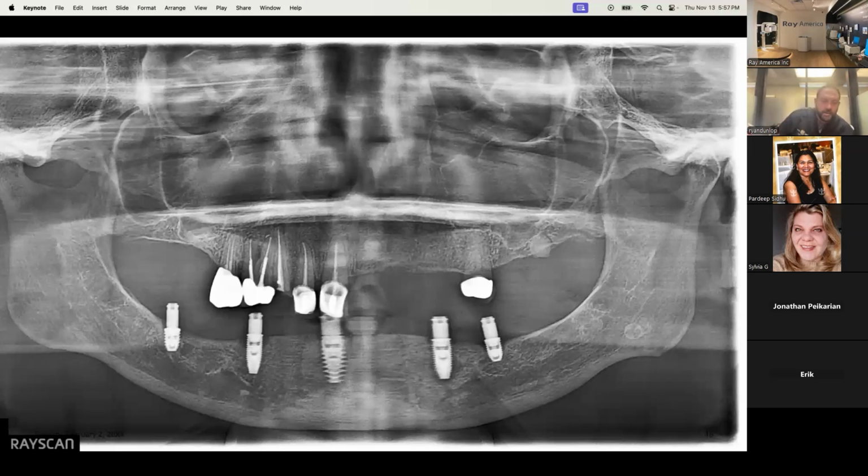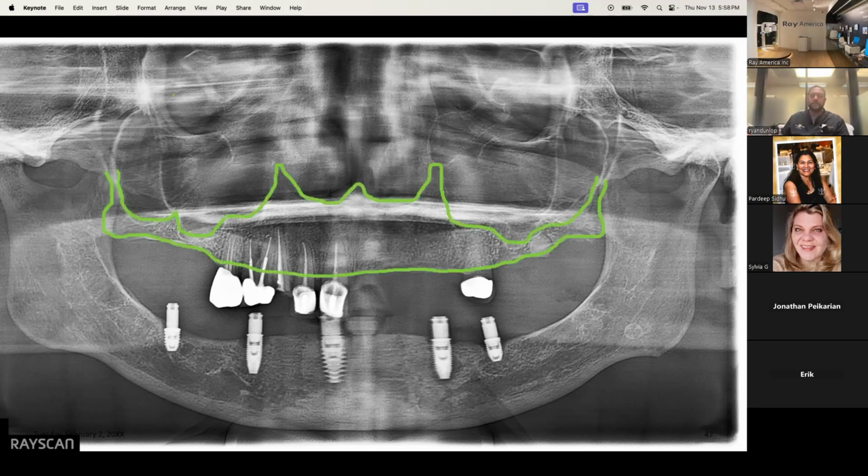This is a patient that was referred to me. Some other dentists had done this lower work and really struggled with it, so they referred the rest of the work to me. And so I treatment planned her upper. I kind of mapped out the full extent of the maxilla, and I saw that her sinus on both sides, but more so on the left side, really extended far forward almost to the canine space.